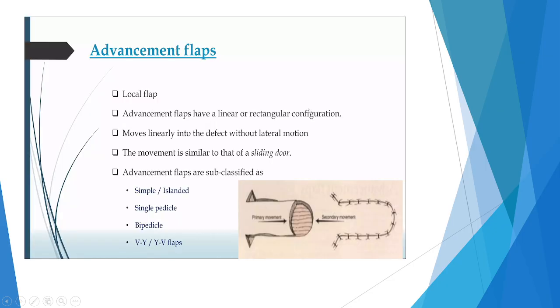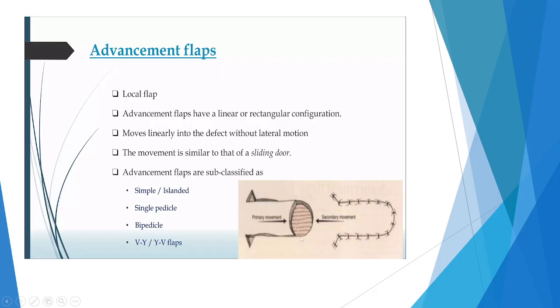Okay. Now the second one is an advancement flap. An advancement flap is a local flap, and the movement is similar to a sliding door. It moves linearly into the defect without lateral motion, and it is rectangular in configuration.